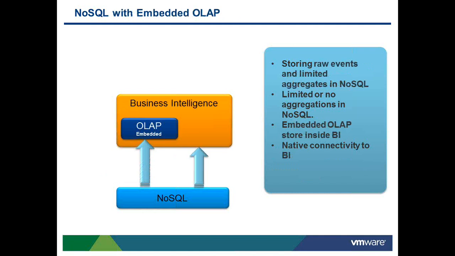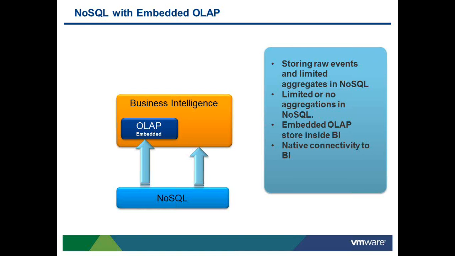Now we talk about the BI with embedded OLAP. What this means is, if you look at an example like Pentaho Mondrian or Oracle Hyperion, these actually have an OLAP server built in. Some of the BIs in fact have an OLAP server built in.